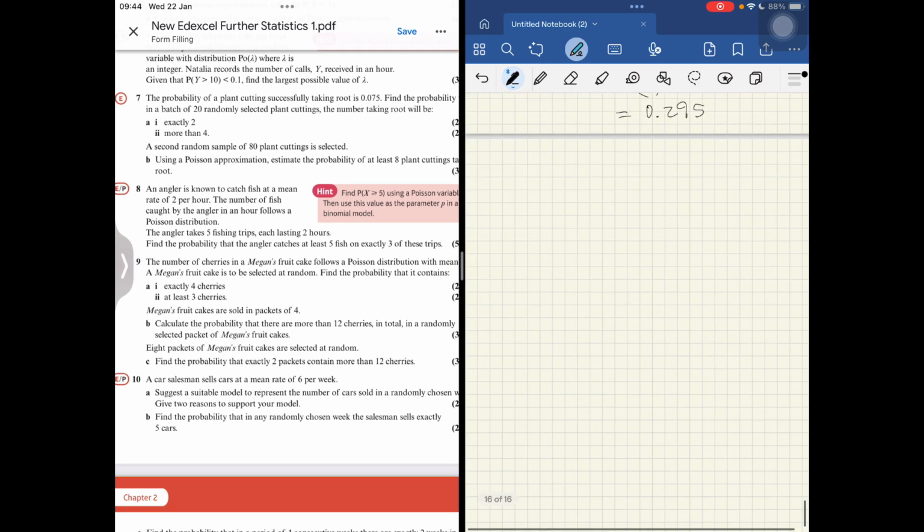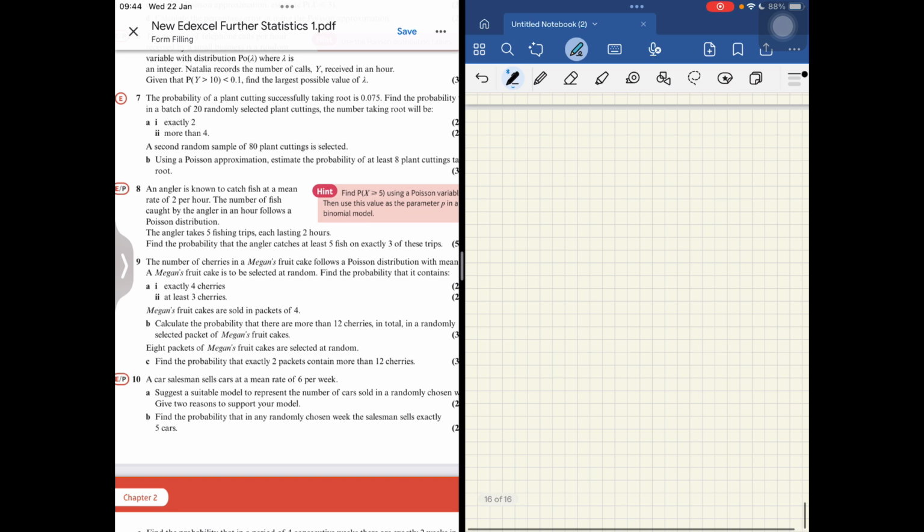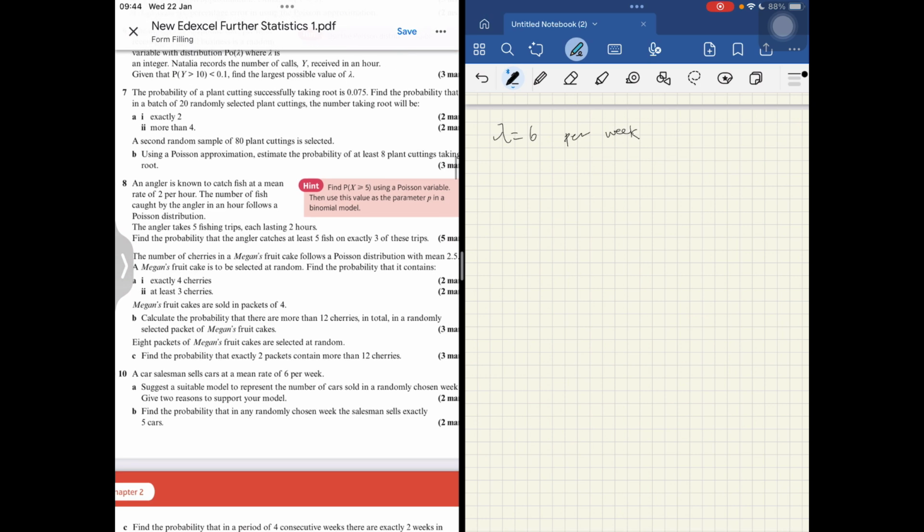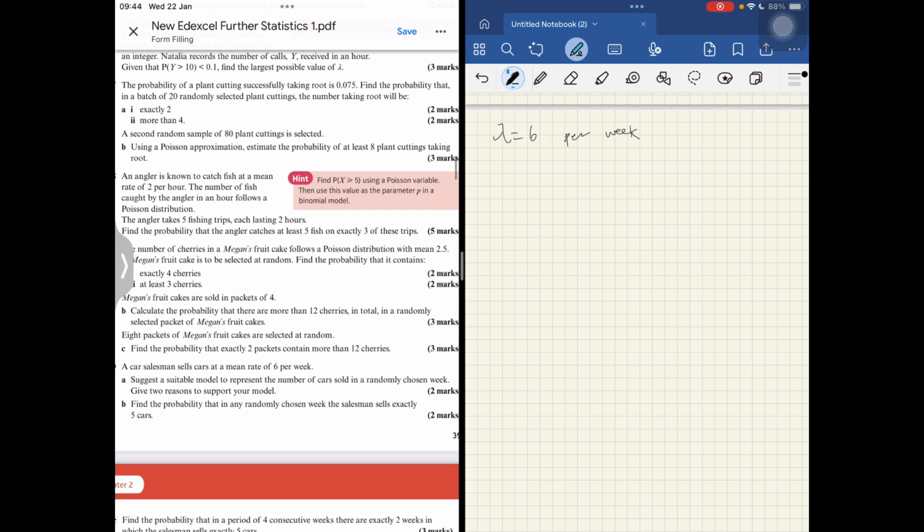And number 10, a car salesman sells cars at a mean rate of 6 per week. So lambda is 6 per week. Suggest a suitable model to represent the number of cars sold in a randomly chosen week, giving two reasons to support your model. The sales are independent and they do not happen at the same time.